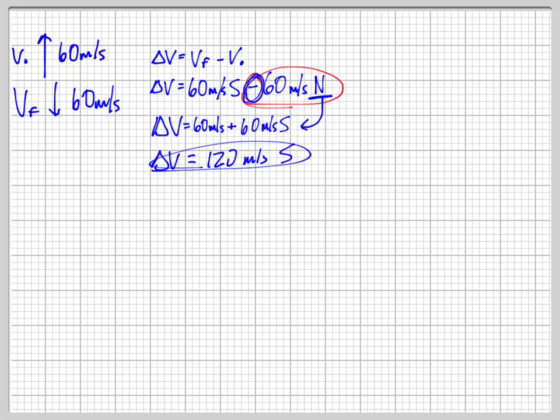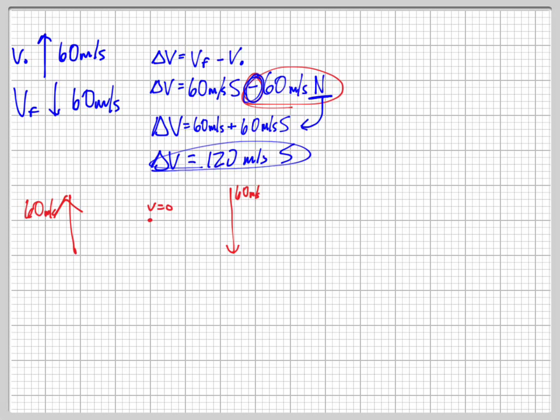The other way we can think of this is, all right, initially we started with 60 meters per second north. We did some stuff and we ended up with 60 meters per second south. Somewhere in the middle we know we had to stop.